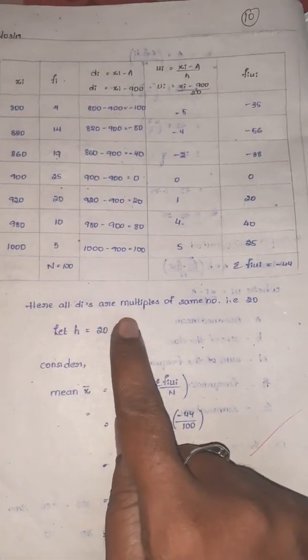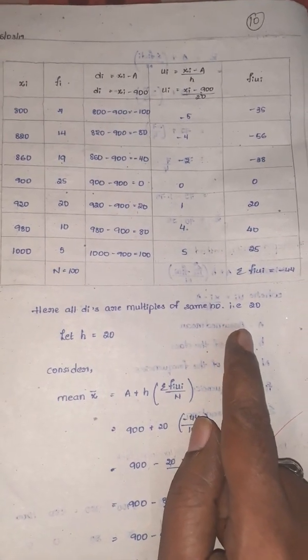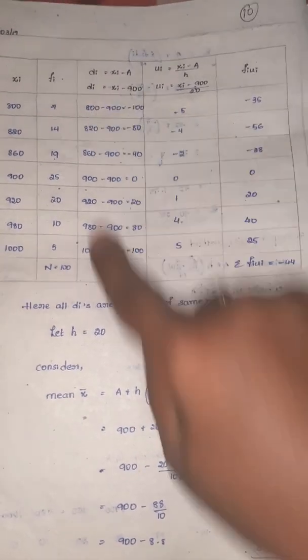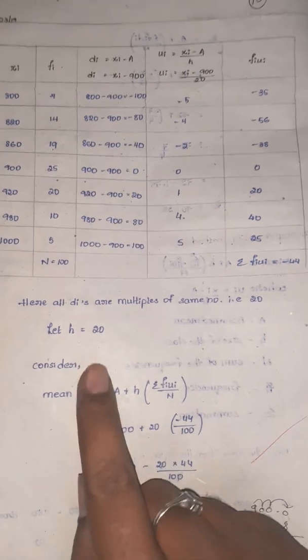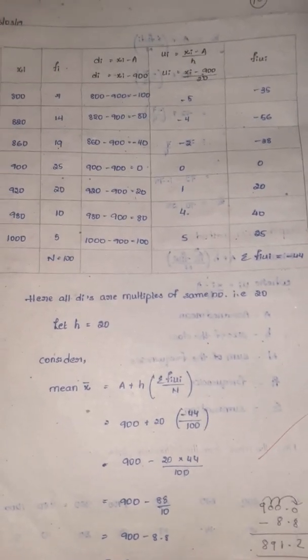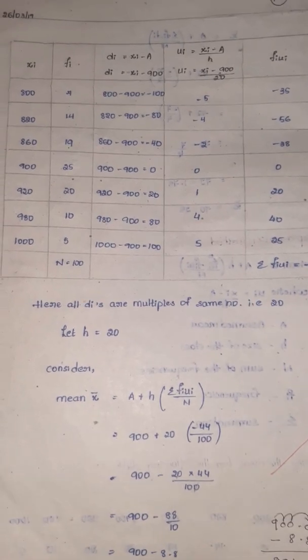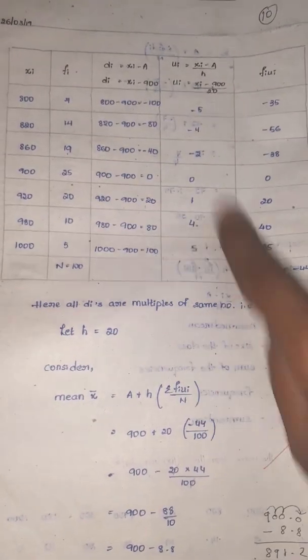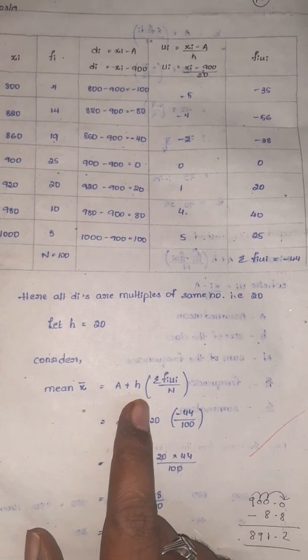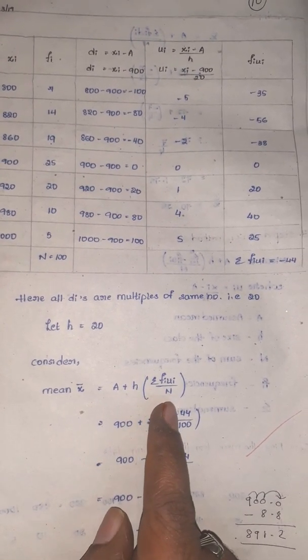So here all di's are multiples of the same number, that is h equals 20. All these di values are also multiples of 20. So consider mean is equal to a plus h into summation fi ui by n.